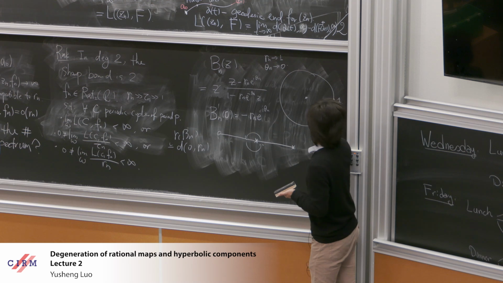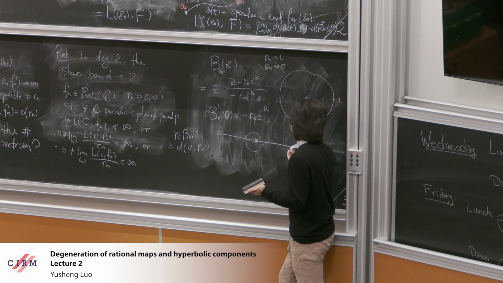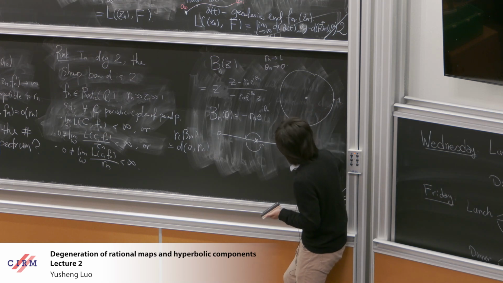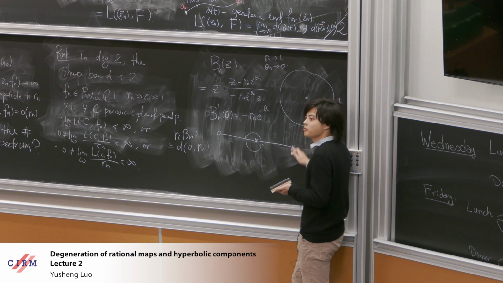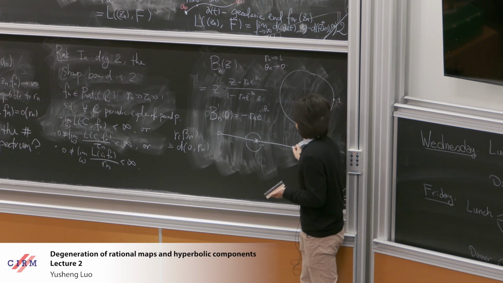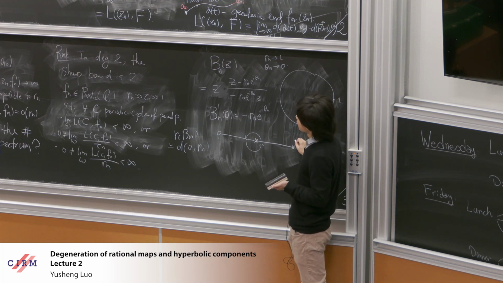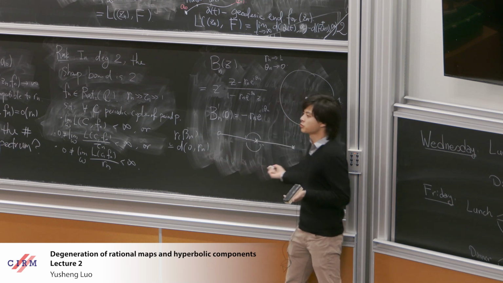If you approach from downstairs, there is a ribbon structure, so the first return is going to be very far away to the left, downwards. If you approach from the top, the first return is going to be on top of this particular point. And there must be something in between so that the distance between this critical point and the first return is of order small o of R_n, but it still goes to infinity. All right, so this will give you the secondary scale.